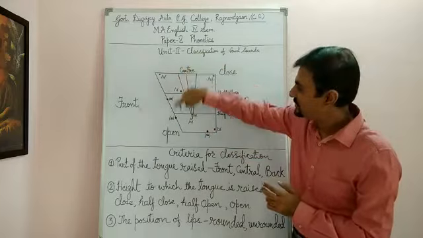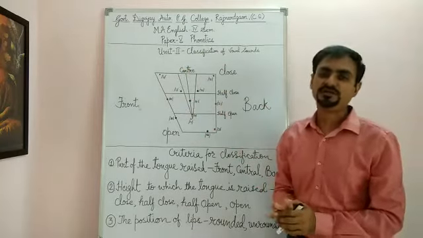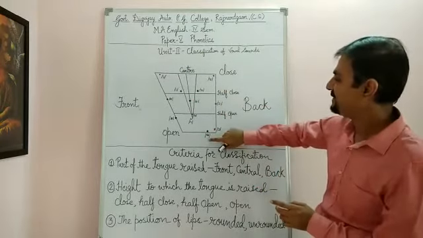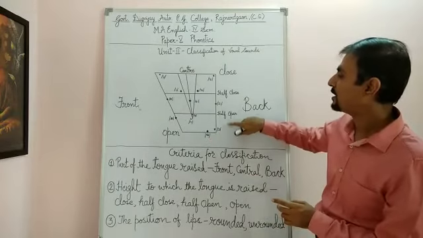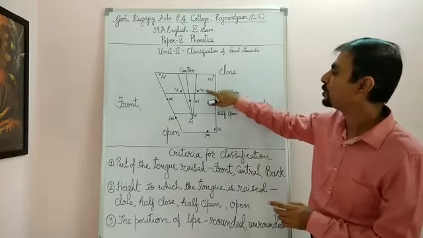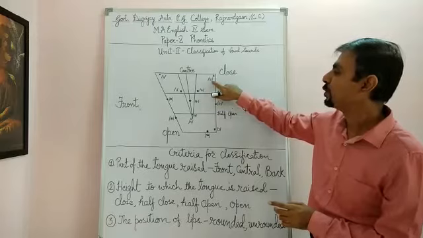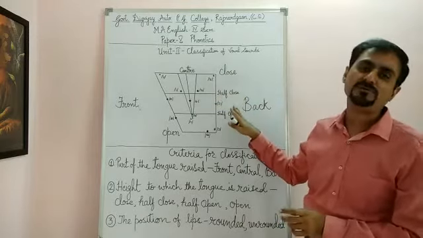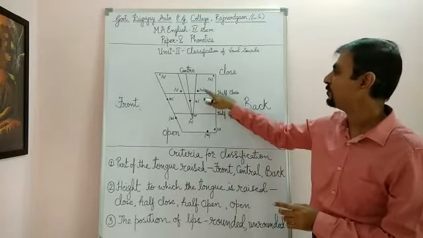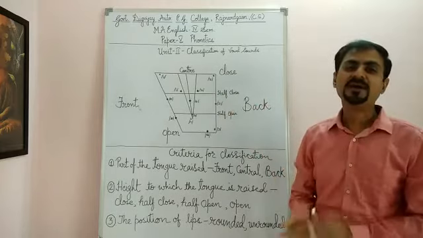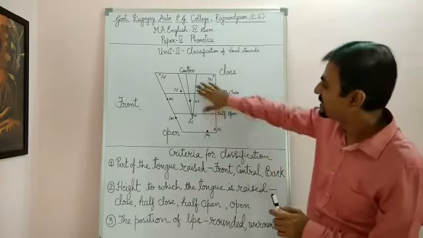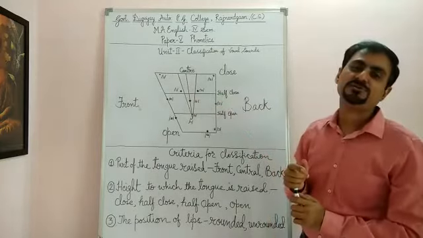We have 1, 2, 3, 4, 4 front vowels in English. And then A, O, U, and U. These are back vowels. We have 1, 2, 3, 4, 5, 5 back vowels in English. And 3 we have central vowels.